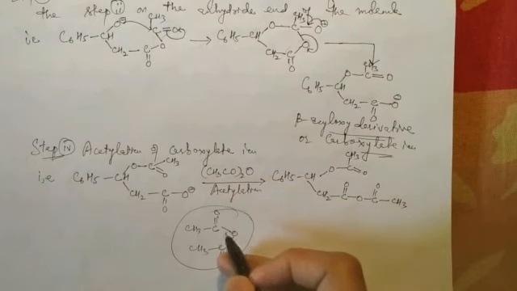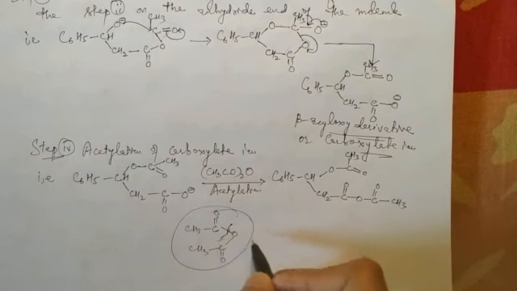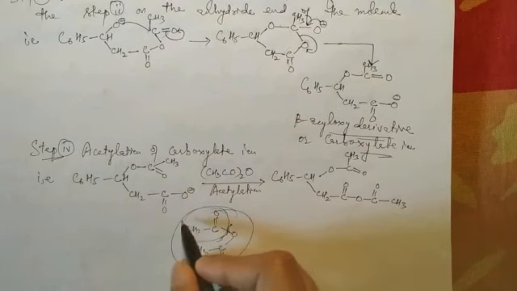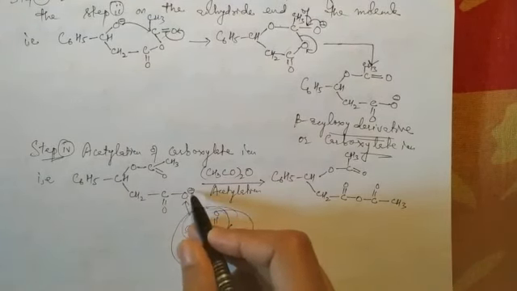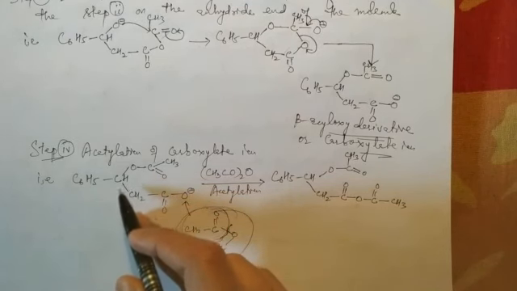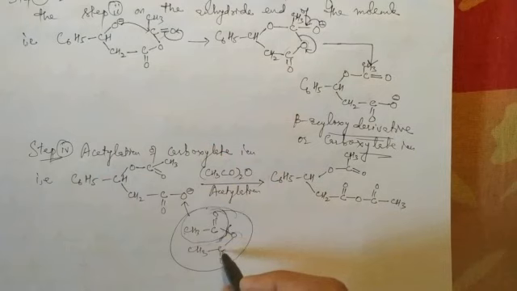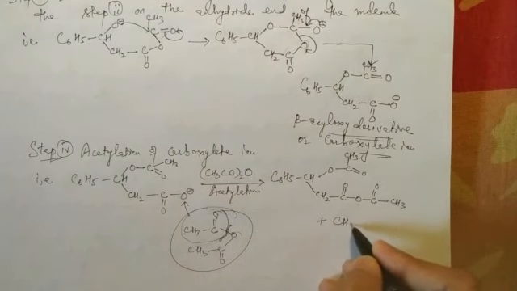Now it undergoes cleavage over here, and this CH3CO part gets connected to the negatively charged oxygen of the carboxylate ion generated in step 3, and CH3COO negative, that is the acetate ion, is released here.